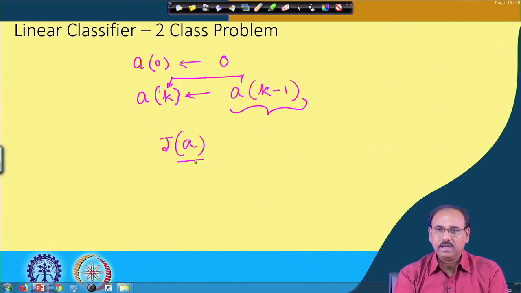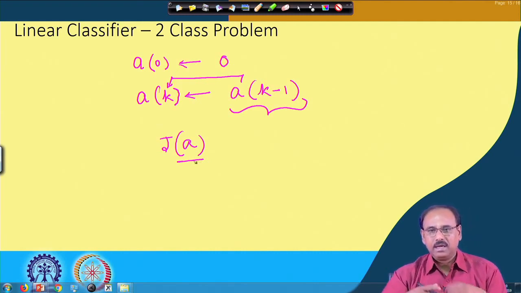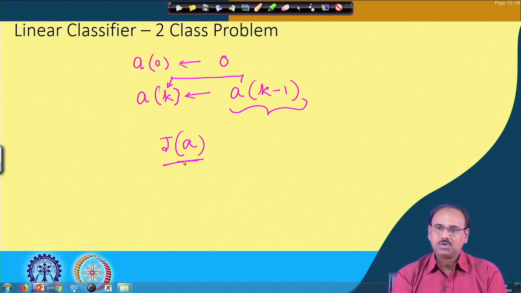If I represent the error as a function of A, then when I move from A of k minus 1 to A of k, the error should be reduced. We will talk about this more in our next lecture. Thank you.